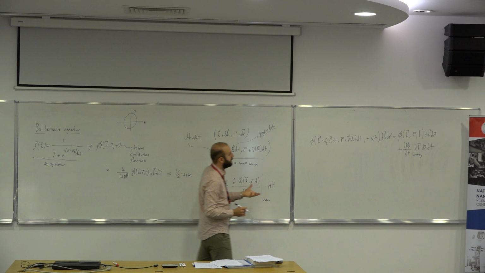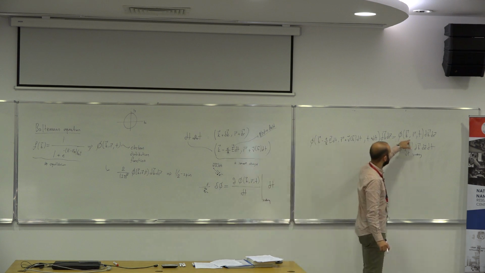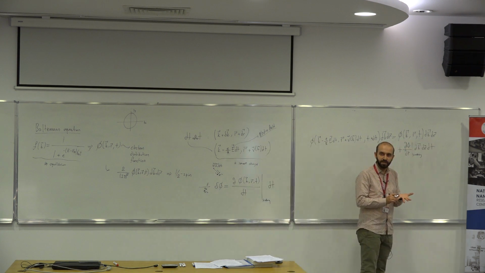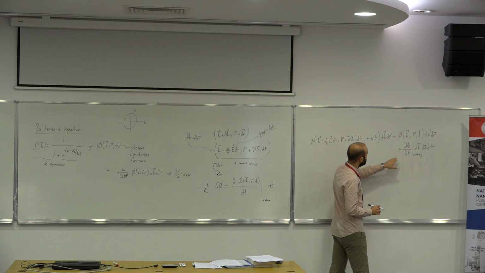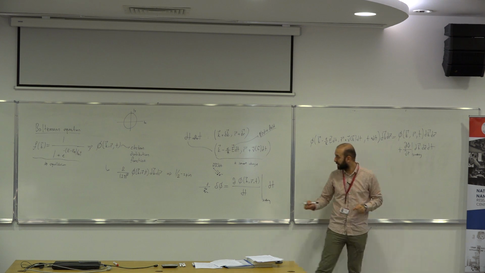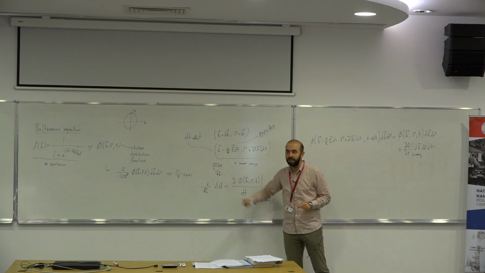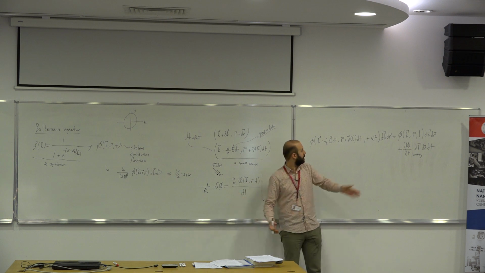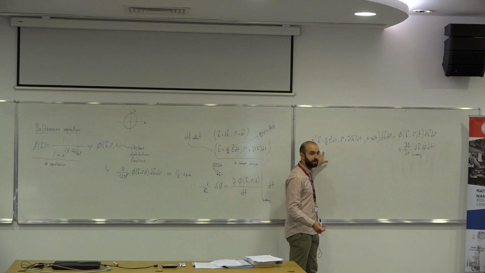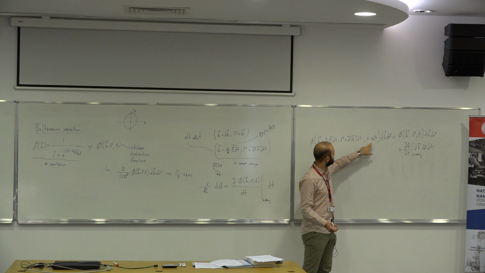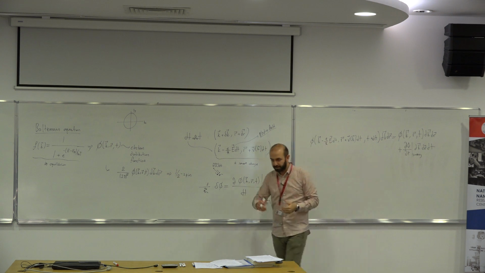So what I write down is the initial distribution function, which defines its initial parameters, plus that scattering event that resulted in electron to move from here to here, which will be equal to the distribution function that is delta t after.